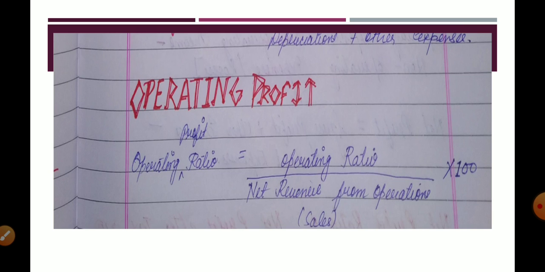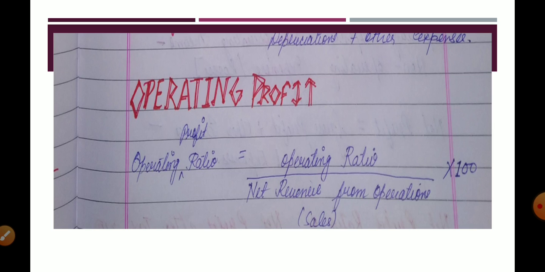Now, operating profit. Operating profit ratio is calculated in this formula, which is very important to distinguish between operating ratio and operating profit ratio.